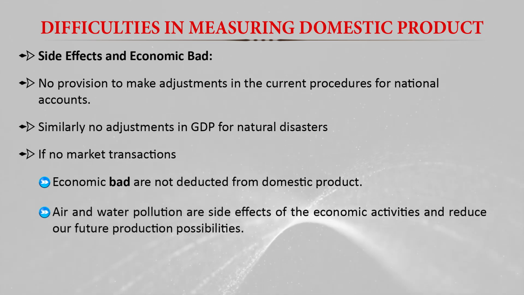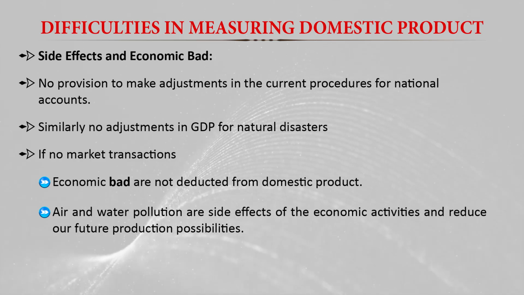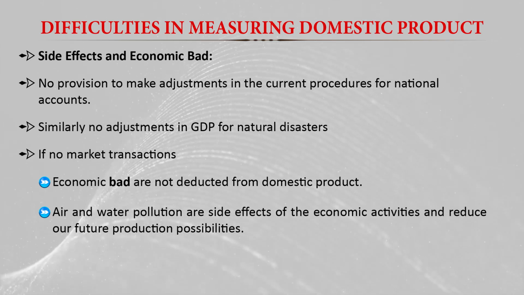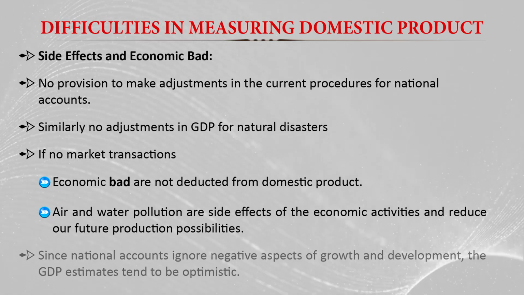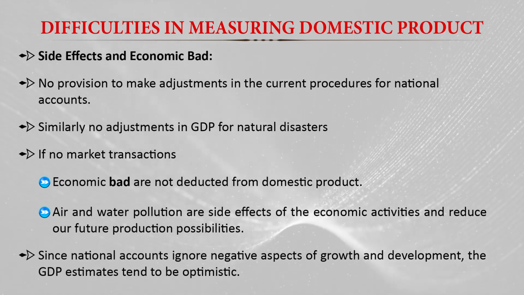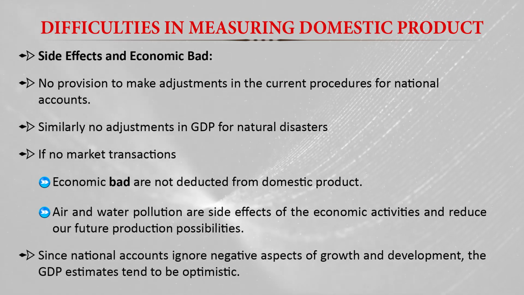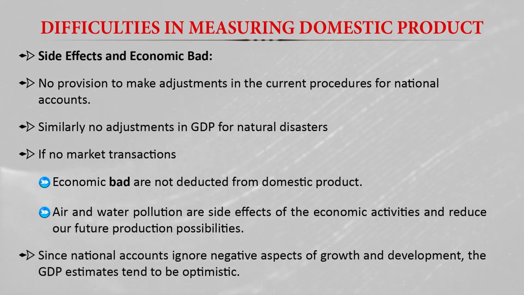Air and water pollution are side effects of economic activity, and they reduce our future production possibilities, but they are not accounted in the national GDP. And since national accounts ignore this negative aspect of growth and development, GDP estimates tend to be an optimistic figure.